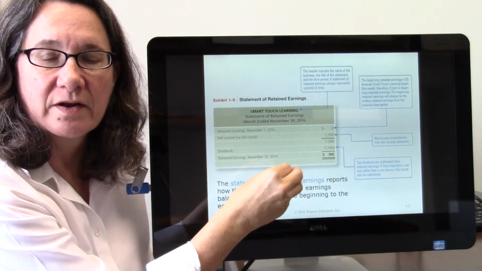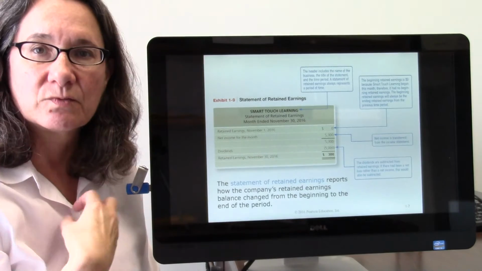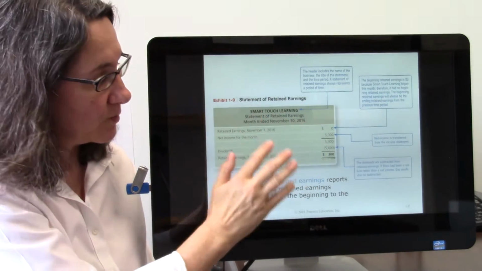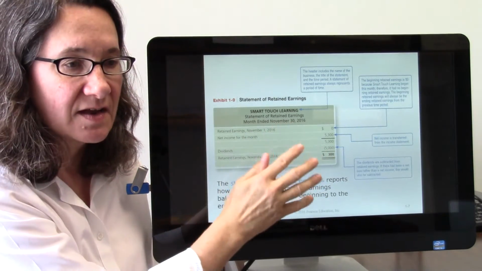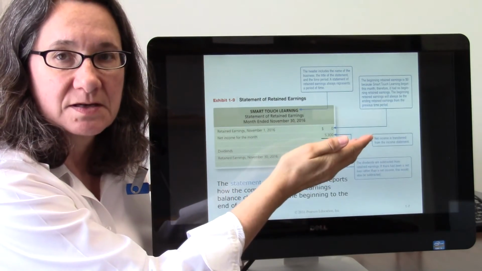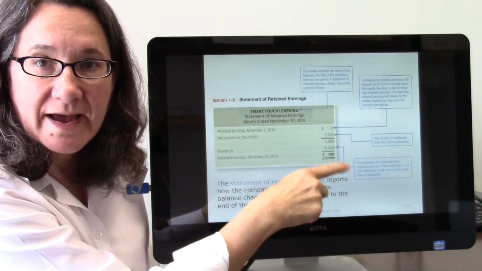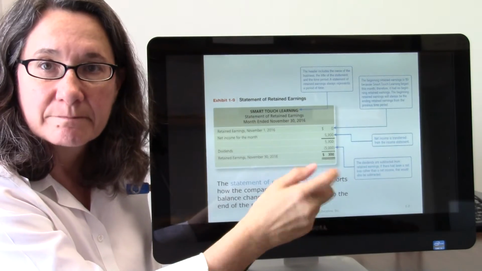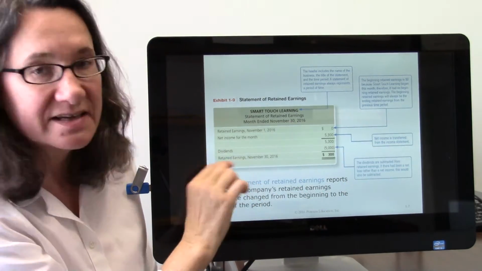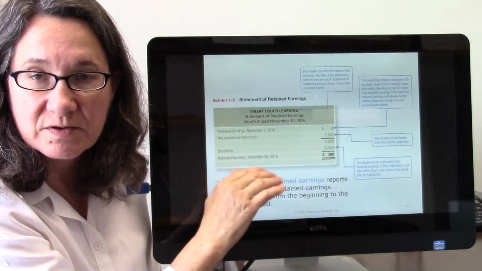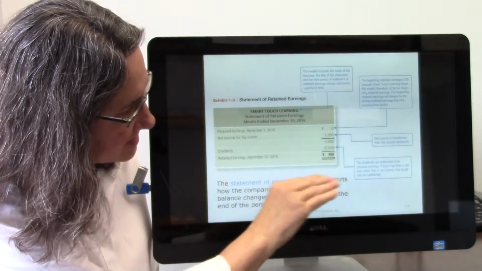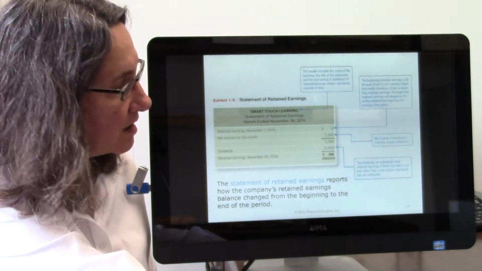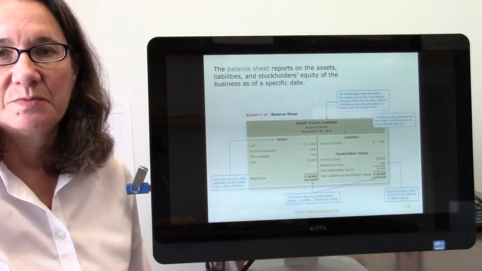So when owners want to know how much of that company is mine, in other words, what's retained, they would look at that. And we are only concerned with things that affect retained earnings, which are what the beginning balance was, what we added to them, basically any net income. And if we paid anything out, like dividends, remember how dividends decrease retained earnings? So that's what this statement's about. Figuring out how much retained earnings are going to go on our balance sheet report, right?